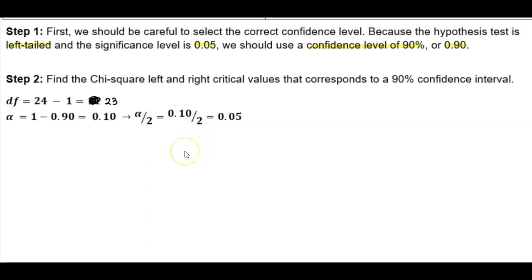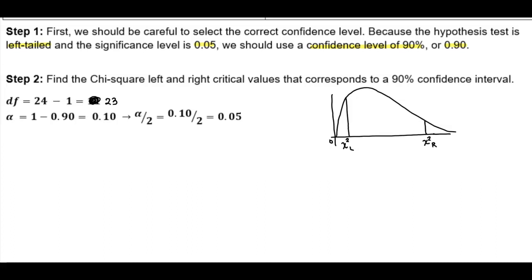So let's go over here and draw our chi-square distribution. Recall that a chi-square distribution starts at 0. Then what we want to do is find the chi-square value here on the left, and then the chi-square value here on the right.